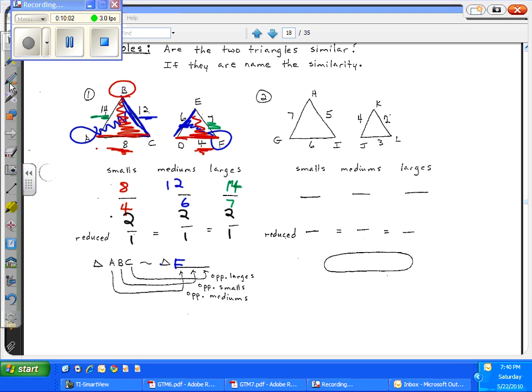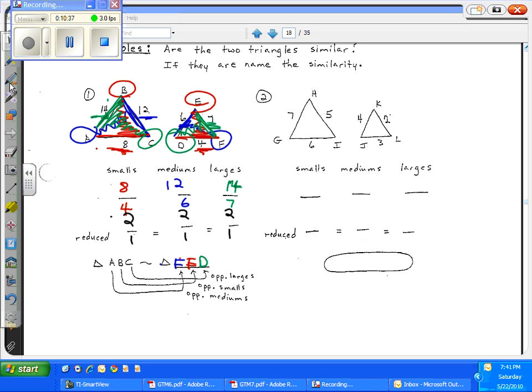So we look opposite the smallest side here, 4, and we get E, and so B goes with E. C was opposite the larger side here, 14. So we look opposite the larger side here, 7, to find C's partner, and C's partner is D, so D is named last. Everybody said we properly named the similarity. Okay?